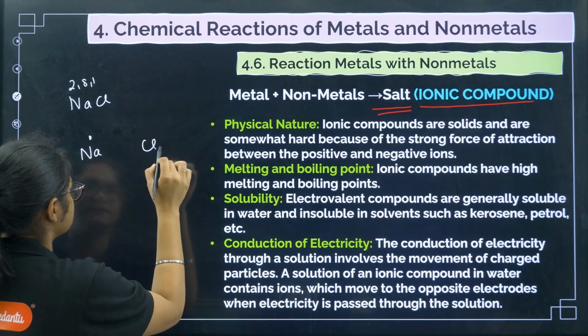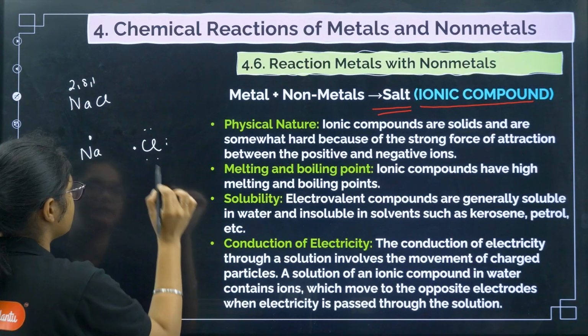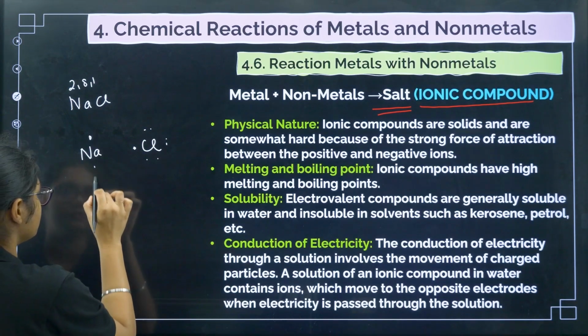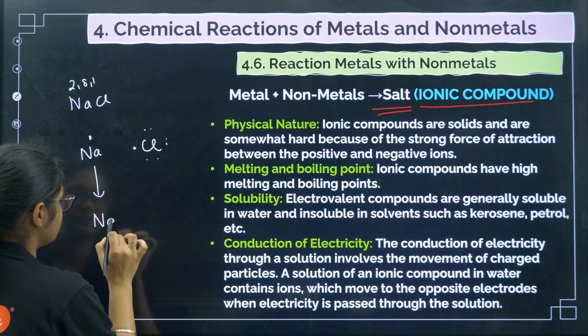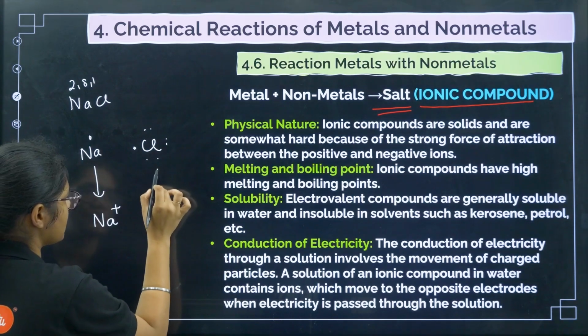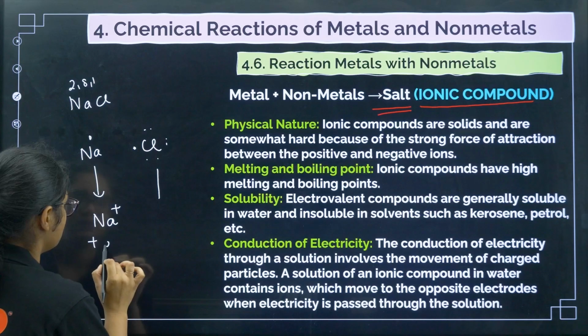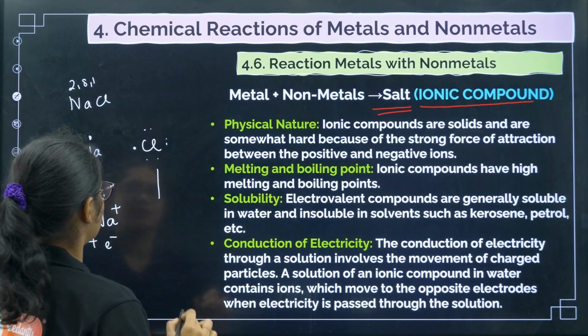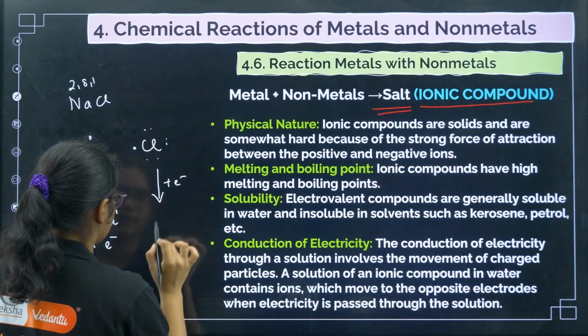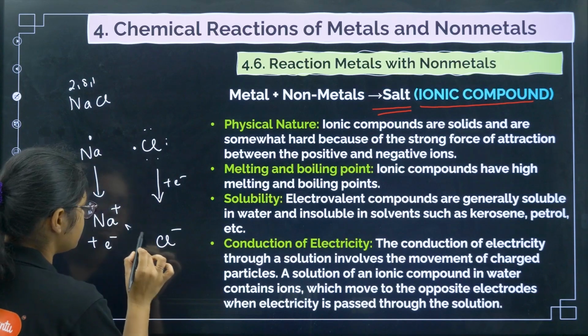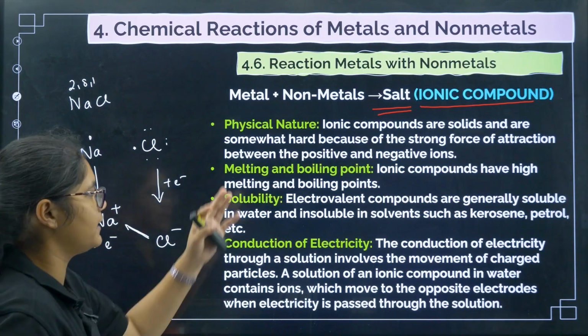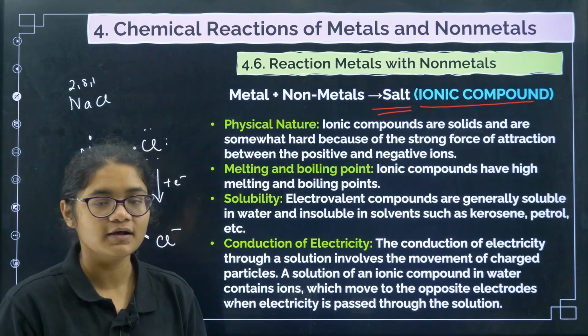Chlorine has 7 valence electrons. Sodium loses 1 electron to become Na plus, and chlorine gains this 1 electron to become Cl minus. Now Na plus and Cl minus combine to give the ionic compound, that is the salt.